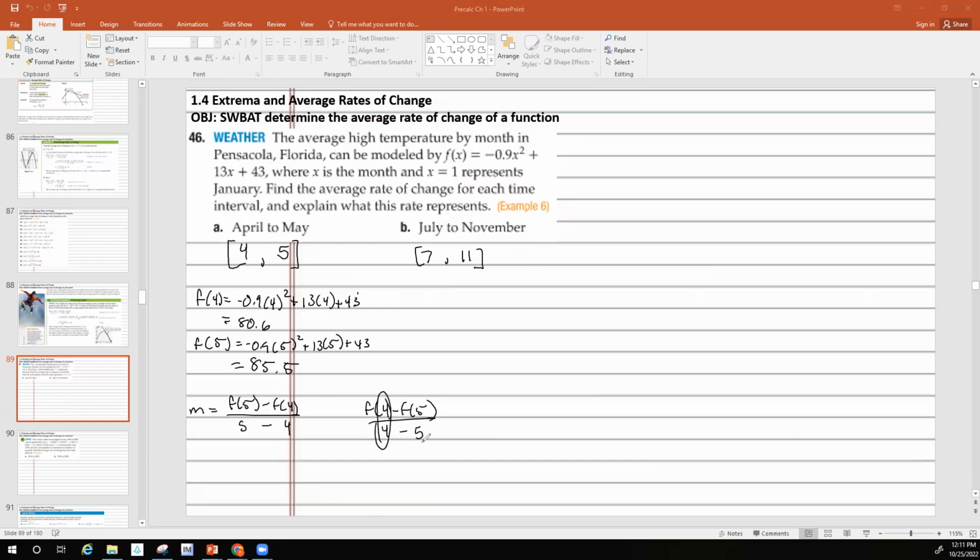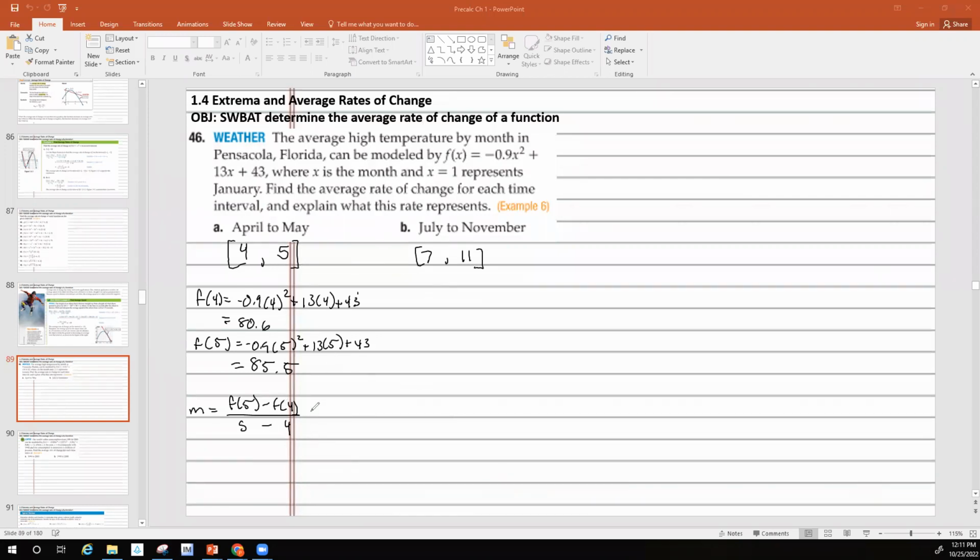Yes, as long as those x's line up. As long as you don't switch them. Switching them is bad. Like if you had f of 4 minus f of 5 over 5 minus 4, that would be bad. Can't do that. They should line up.